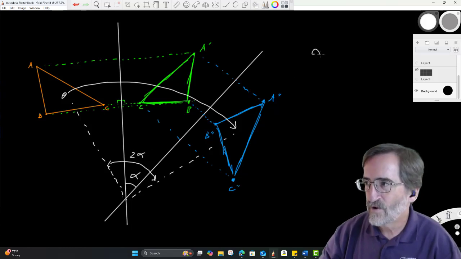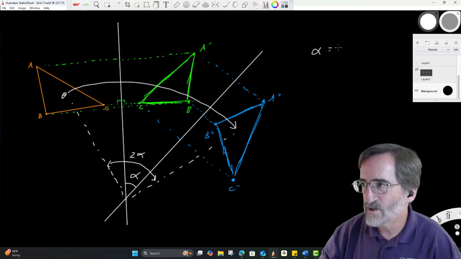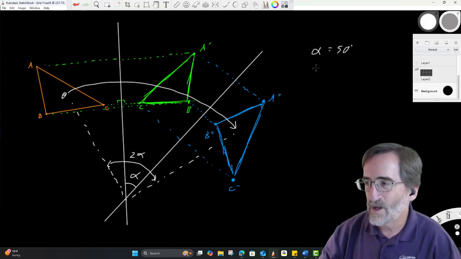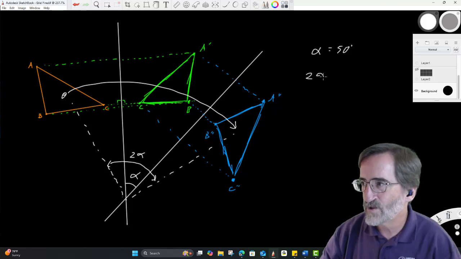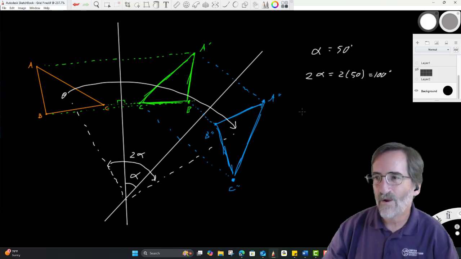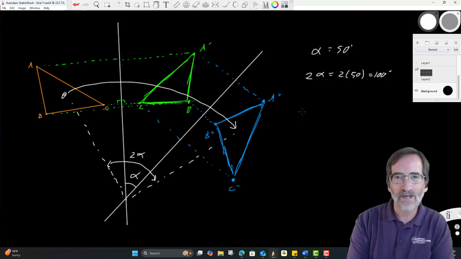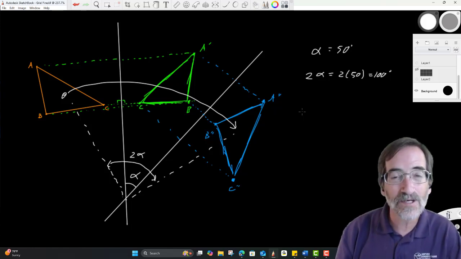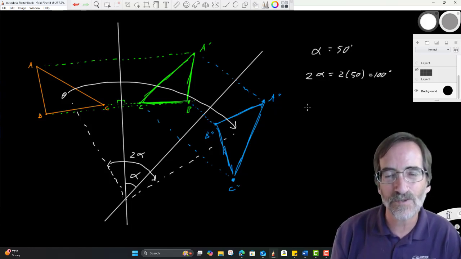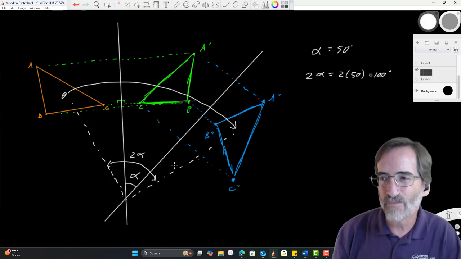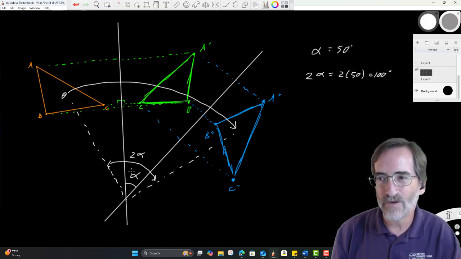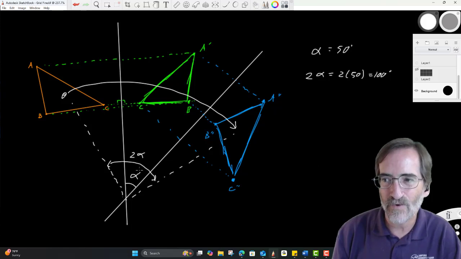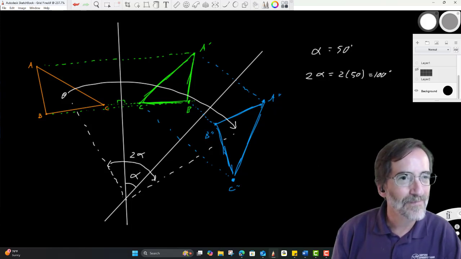So if alpha, the angle between the lines, is 50 degrees, then the angle of rotation is 2 times 50, or 100 degrees. Okay? So that's another idea presented in there. Double reflection across intersecting lines is equal to a rotation twice the angle between the lines of reflection. All right, hopefully that helps.